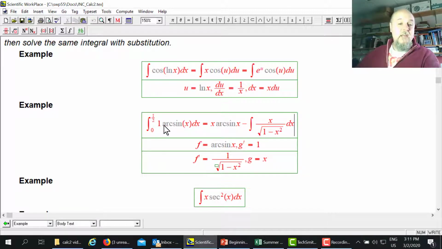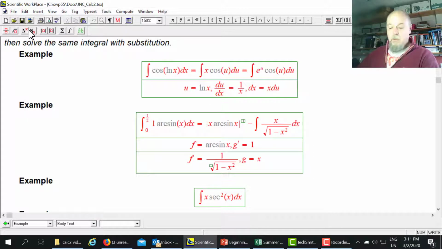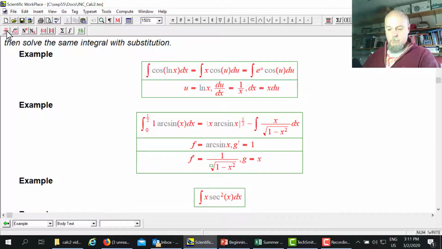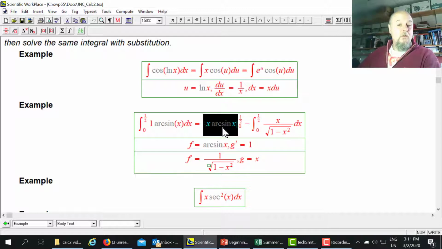All right, but this is a definite integral, so I need to evaluate this at the end points, from 0 to a half, and likewise these endpoints should be on here, a half and 0. Okay, what's left to do? Sub in the 0 and a half here, also evaluate this integral, and then sub in the points.